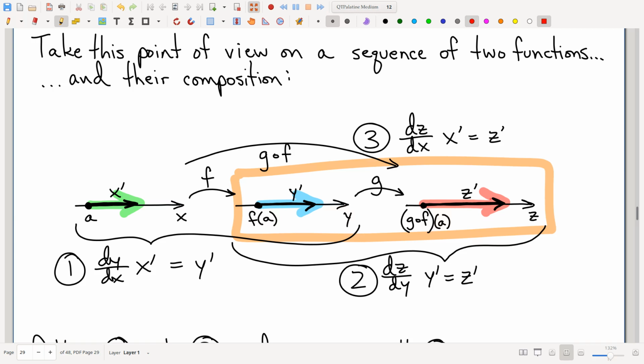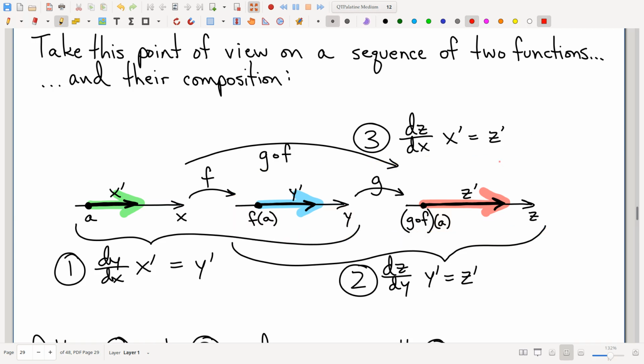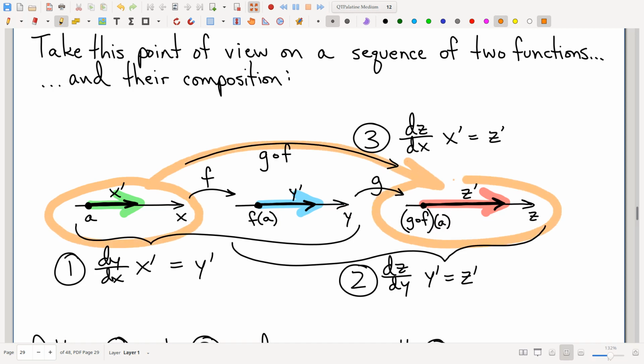Now there is a third derivative in this picture, and that is the composition. I can think not about just the first function f or just the second function g, but about the composition, g compose f, where x is my input and the output is z.